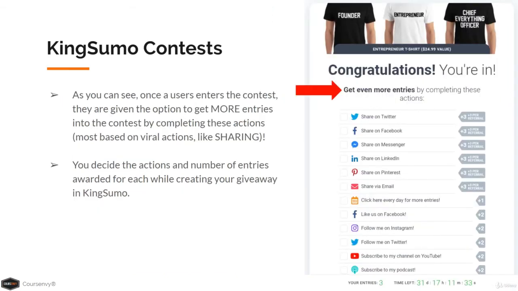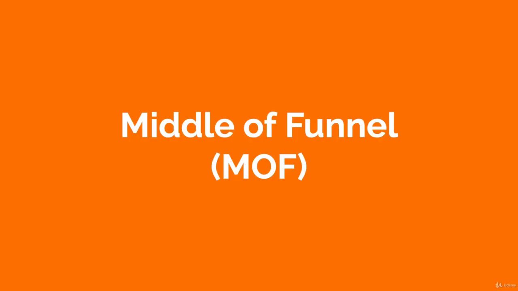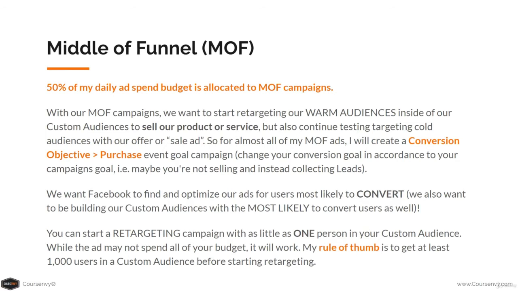So as you can see, once a user enters the contest, they are given the option to get more entries into the contest by completing these actions. And most are based on viral actions, such as sharing. So you decide what the actions are, the number of entries that are awarded for each, while creating your giveaway in King Sumo.